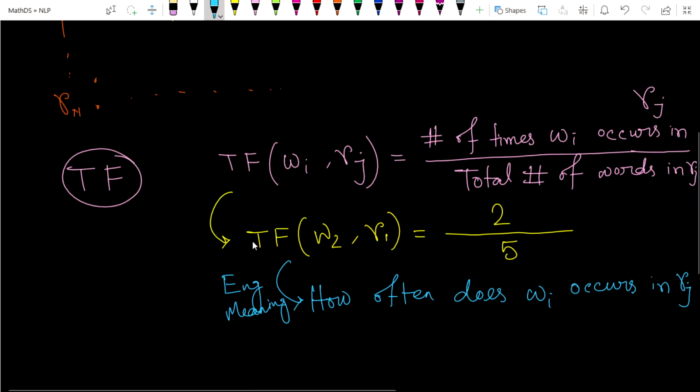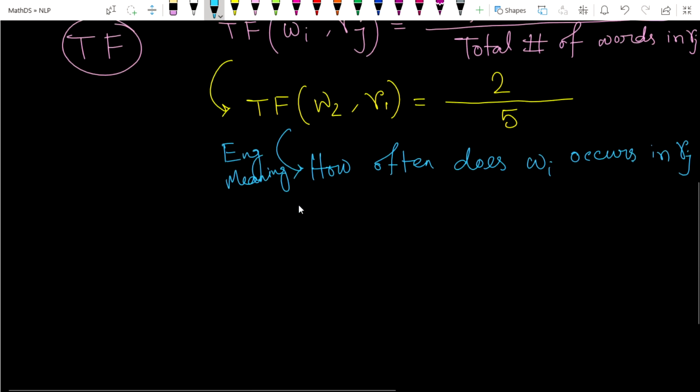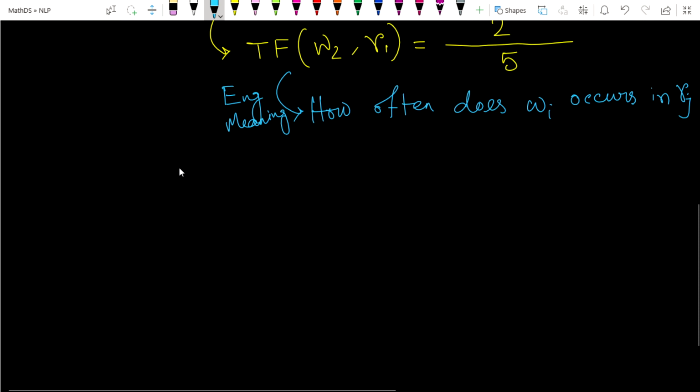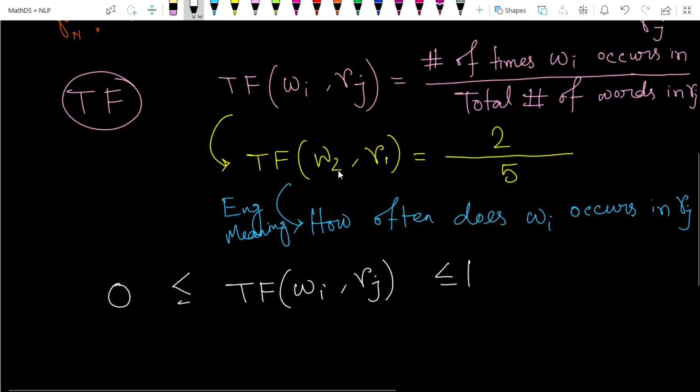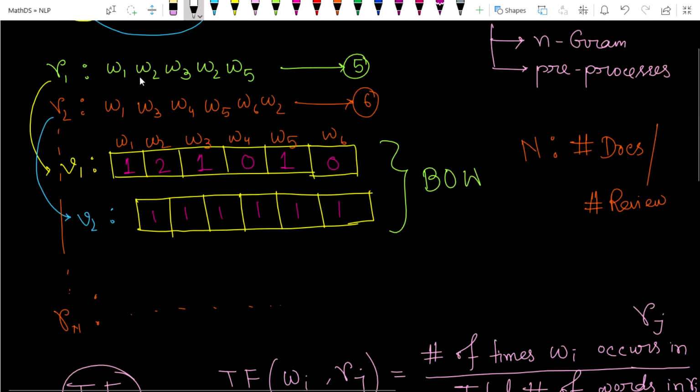So the value of TF for a particular word wi and a particular sentence or text wj must be less than or equal to 1. Just see here, any word in this text cannot occur 5 times. Here at most the number of words is 5.